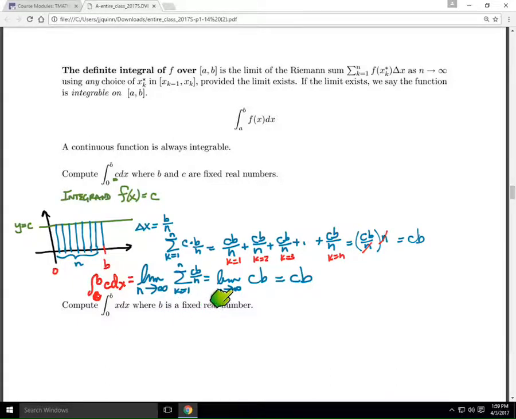That Riemann sum is always c times b, and notice there's no n involved in this particular expression, which means that the limit also has a value of c times b. So for sure, we can say the definite integral is c times b.